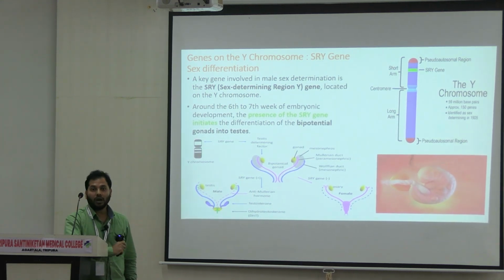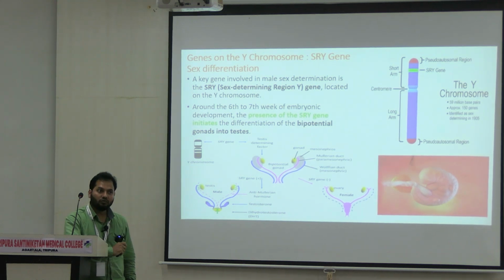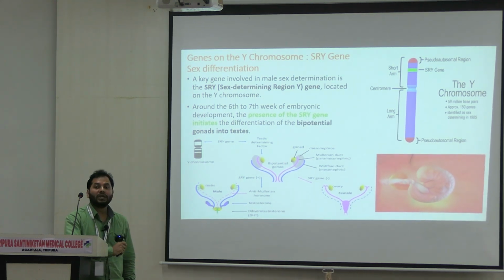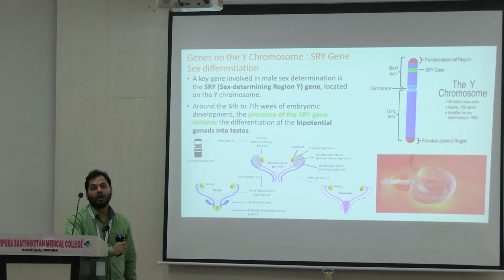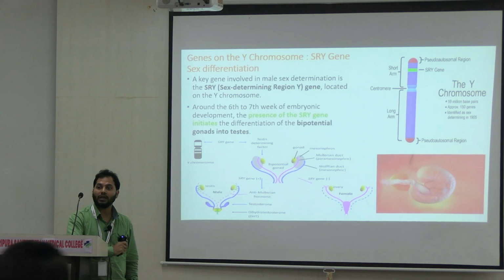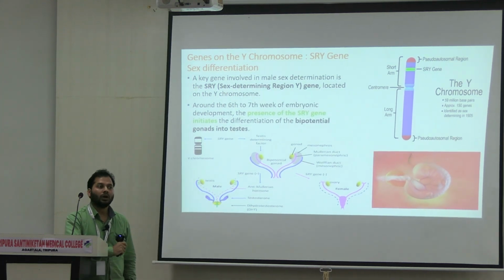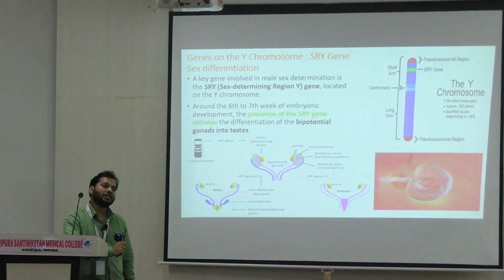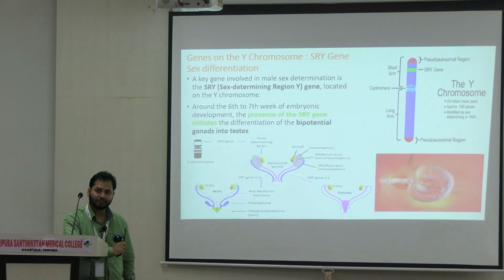Right? Now the question is whether the development or differentiation of male sex or female sex will occur, that is totally influenced by the Y chromosome, that is totally influenced by the SRY gene.